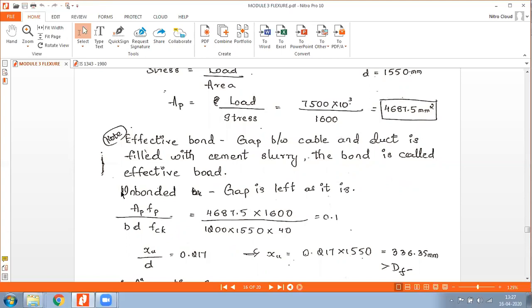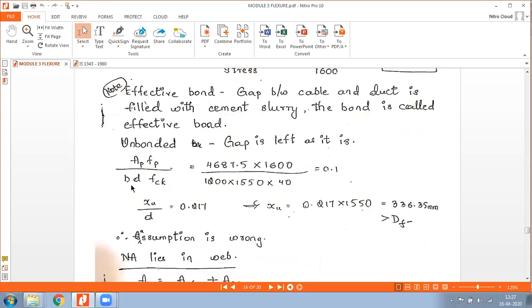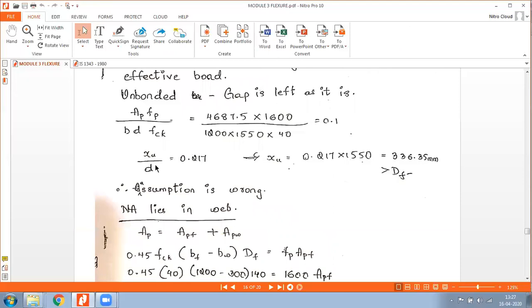Okay. Now we need to calculate the Ap Fp divided by b d fck. Ap Fp divided by b d fck is equal to 0.1. Now Xu by d, first we have assumed that the neutral axis lies inside the flange. We have calculated Xu by d as 0.217.